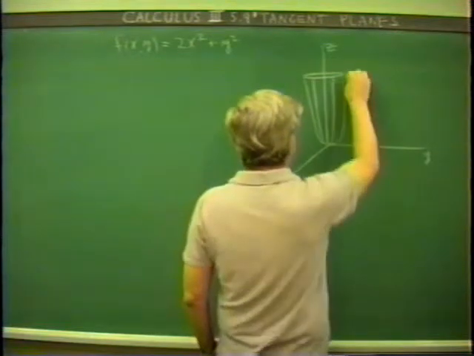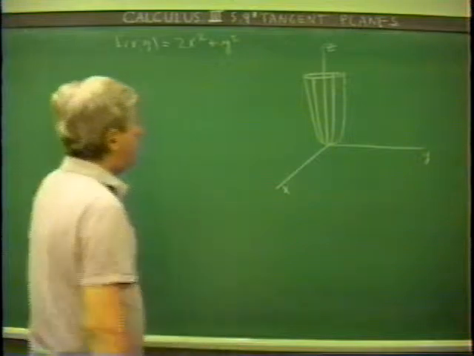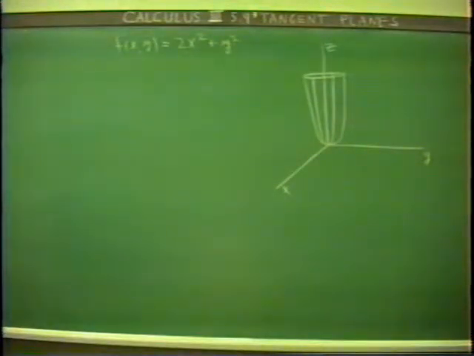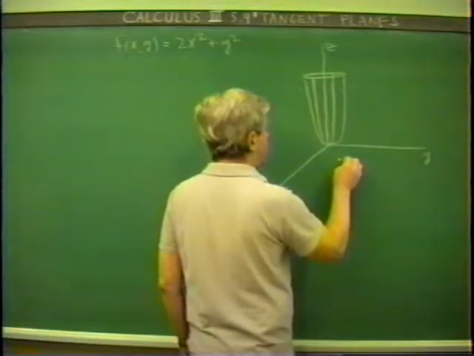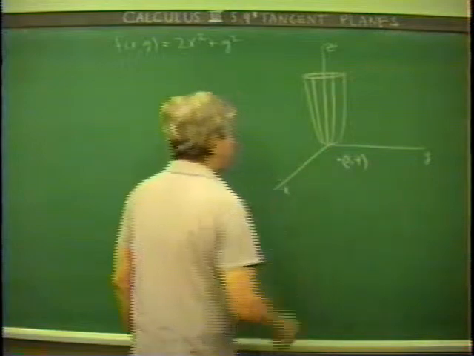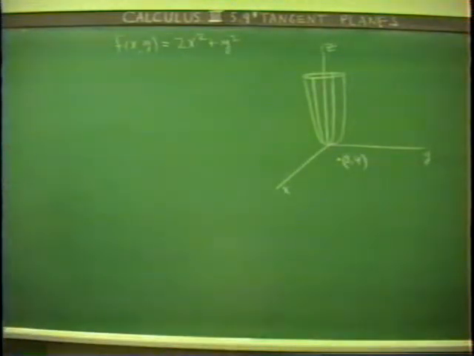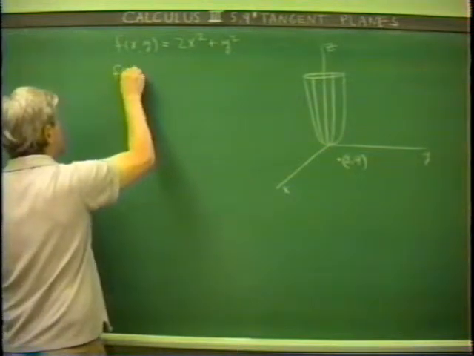And the resultant parabola looks something like this. Right? Let's look at the tangent line at the point, let's say 3, 4.